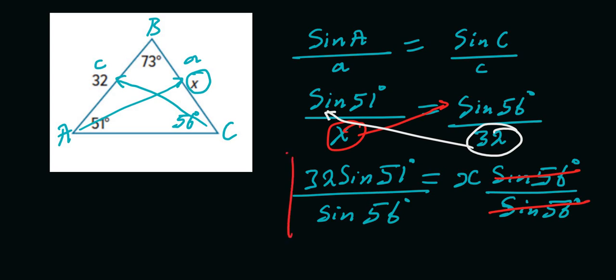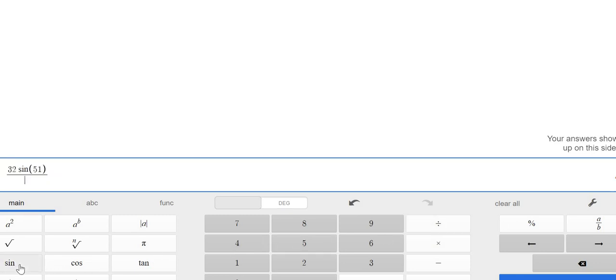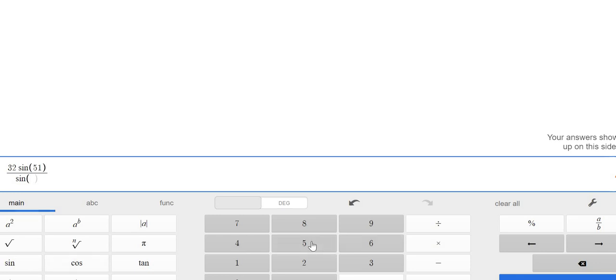So now we can find this value using our calculator. All right, so 32 sine 51 divided by sine 56, and that gives us 29.99703703.